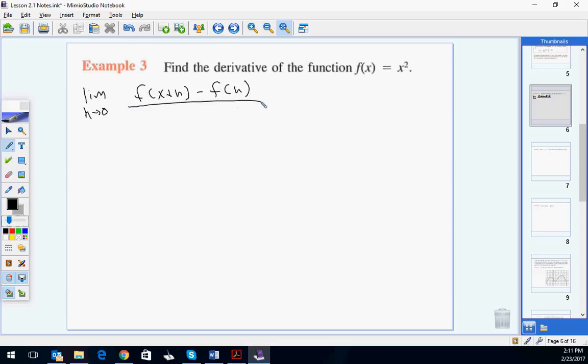So when it just says find the derivative, it means the general derivative, so we're not going to get a numbered answer. It's asking for the equation again. It's not saying at a specific point or specific spot. It's saying in general.